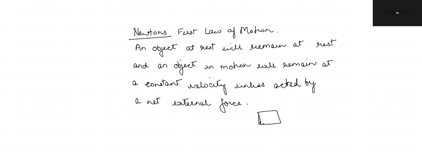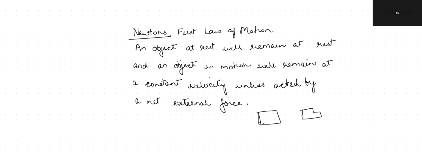Another thing is that an object in motion will remain at constant velocity unless acted upon by a net external force. Because velocity is a vector, an object will maintain constant speed and direction unless acted upon by a net external force. Say a car is moving at a constant velocity.